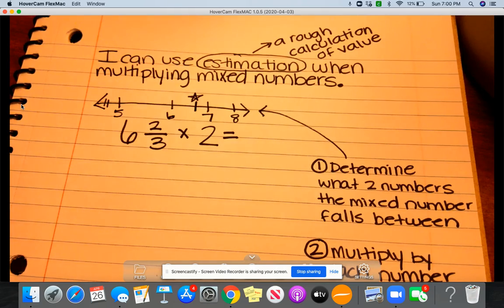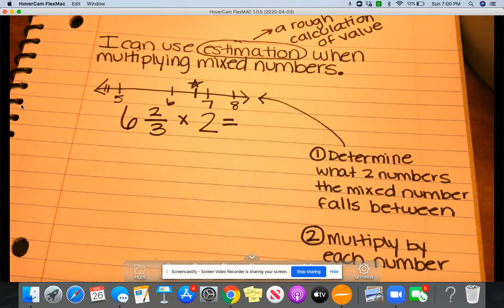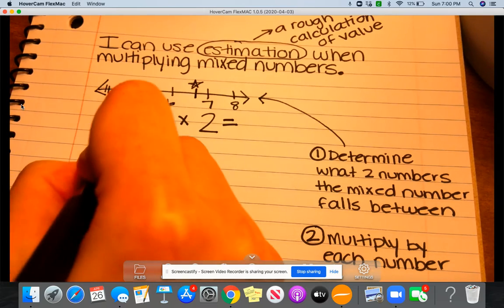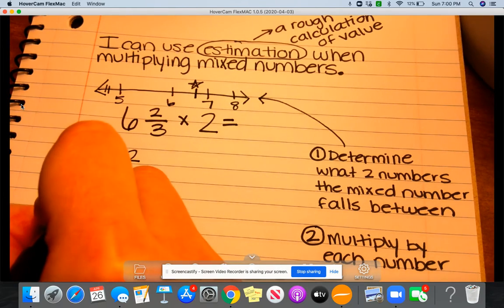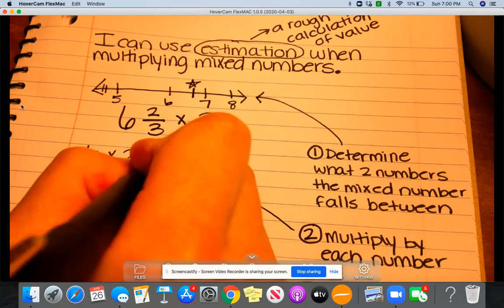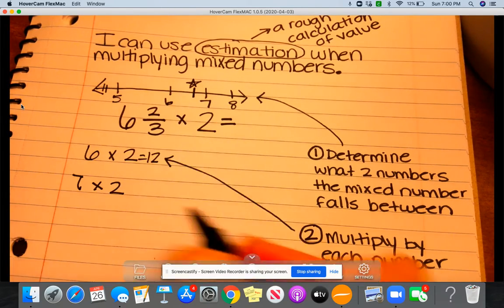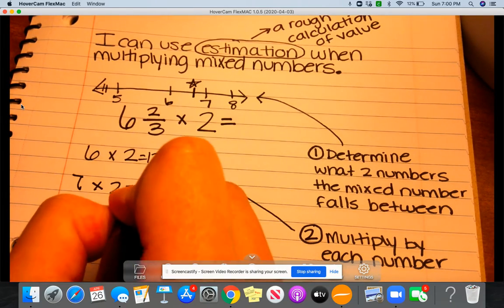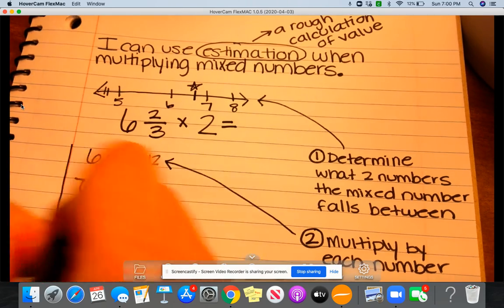So 6 and 7. We're going to multiply by each number, which means we're going to do 6 times 2 and 7 times 2. 6 times 2 is 12. 7 times 2 is 14.